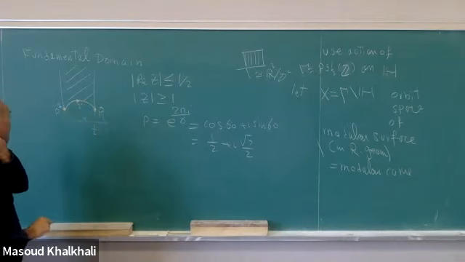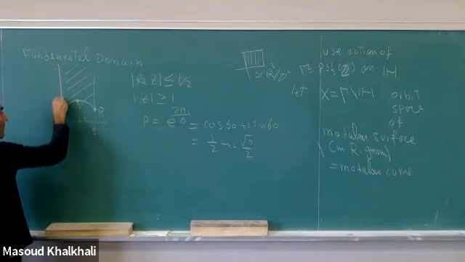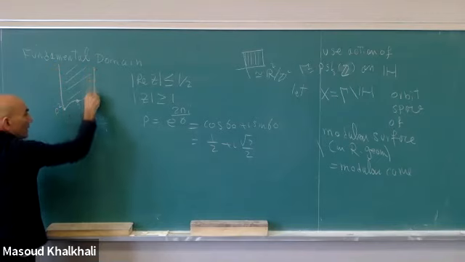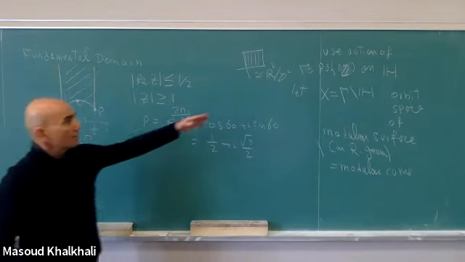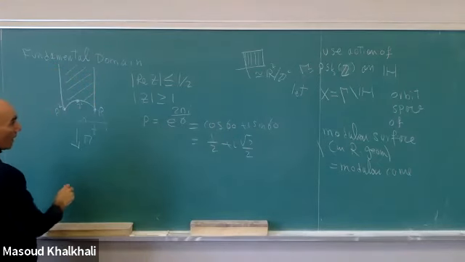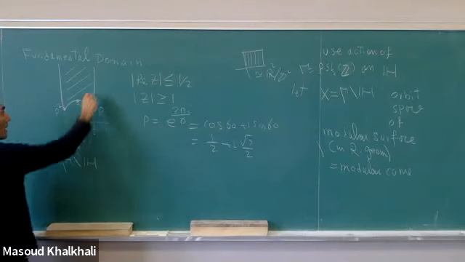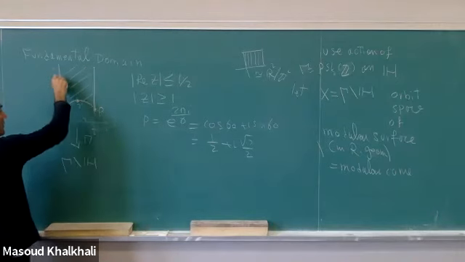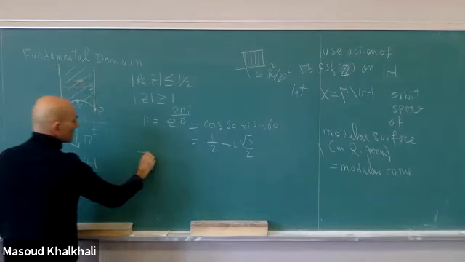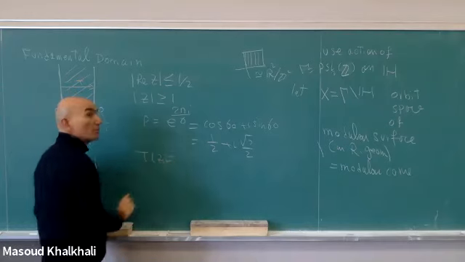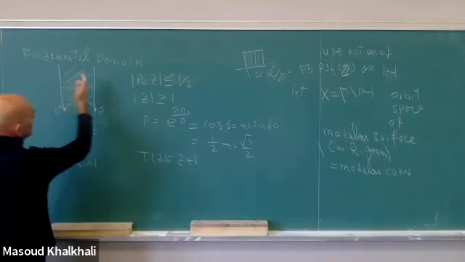Now, this is the fundamental domain. Notice that if you look at the projection map into the quotient H over gamma, this line is identified with that one, because there is this translation map T, Tz equals z plus 1, which takes this to that.